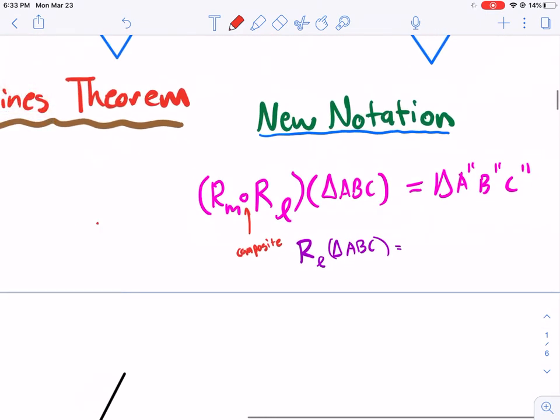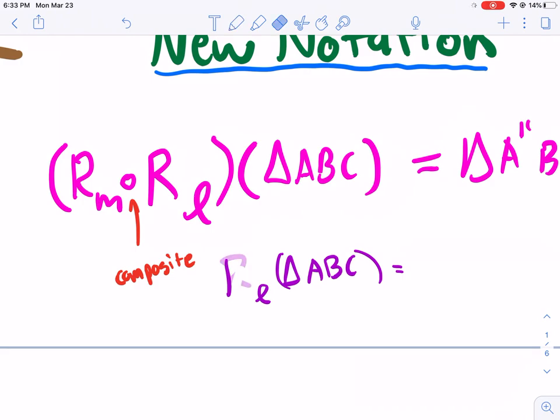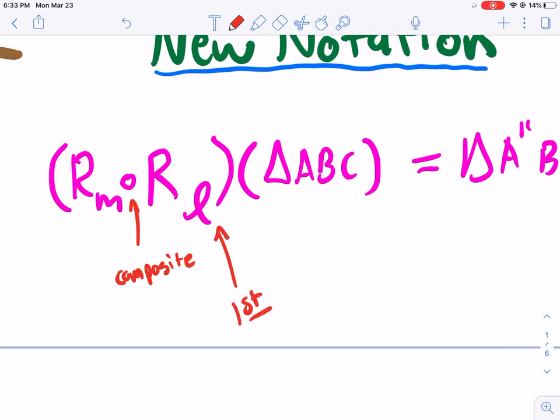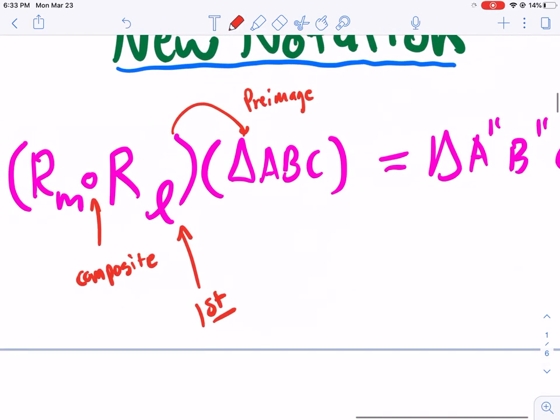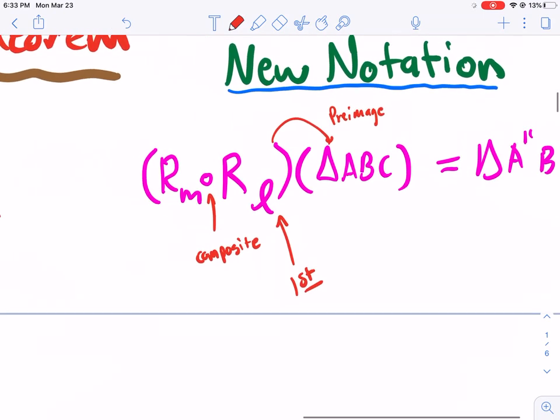So we are going to do a composition. Now, how do we know which one to do first? Well, the transformation we always do first is the one closest to the preimage notation. After we do that first transformation, we do our second transformation, the one that's further away.